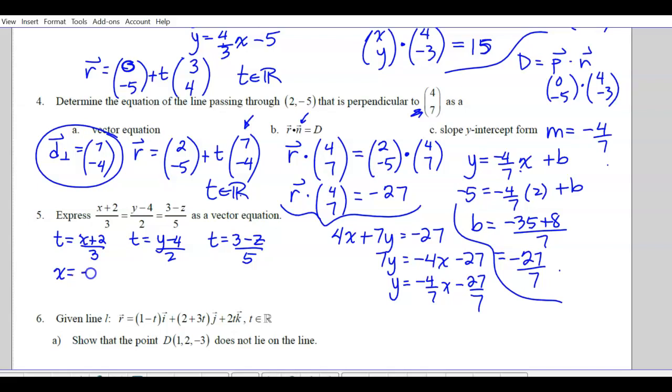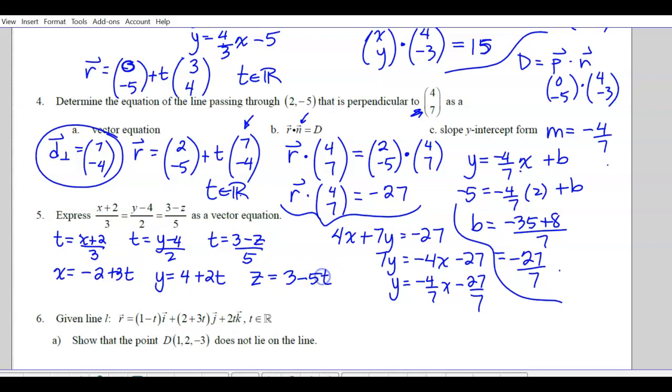So x is negative 2 plus 3t. y is going to be 4 plus 2t. And just be careful with the last one. Notice how z is negative. So z is going to be 3 minus 5t.